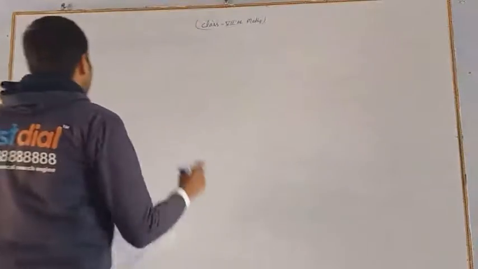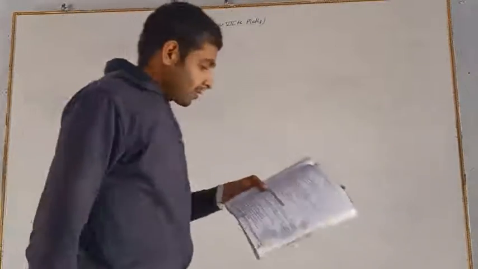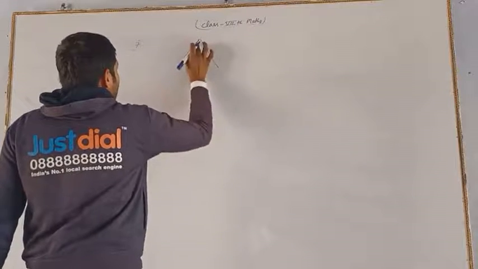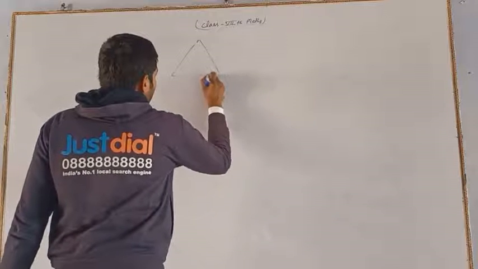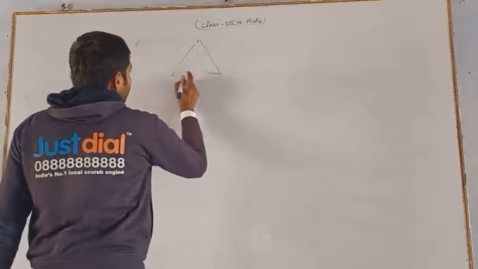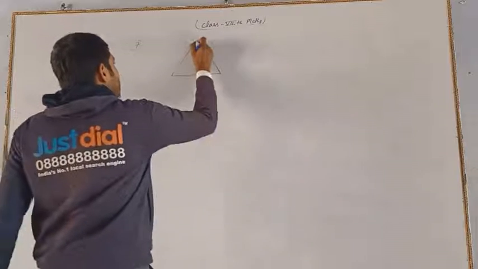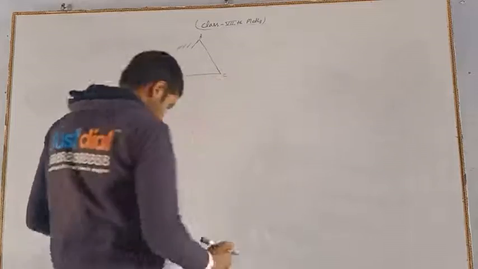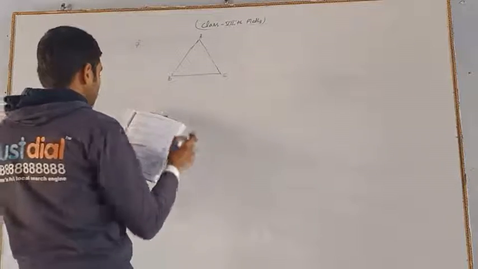And the last problem, number 7. It is given that O is a point in the interior of a triangle ABC. First of all, we have to draw a triangle named ABC, with vertices A, B, C. So O is a point in the interior.